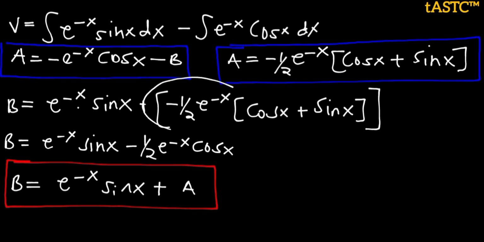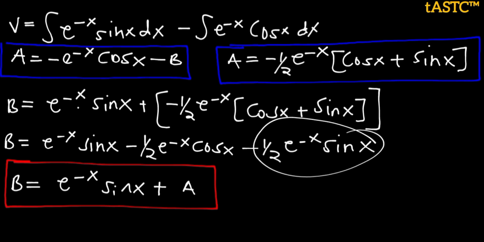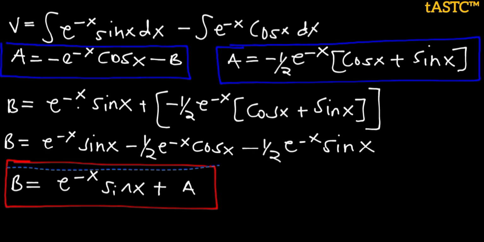Now we need to use this and multiply with this, right? So that is going to give us a negative 1 over 2 e to the minus x sine x, right? So what next are we going to have? In this case, we find out there is an e to the negative x sine x, and there is another one here. So they're basically going to come together. So I think I'm going to take these out now.